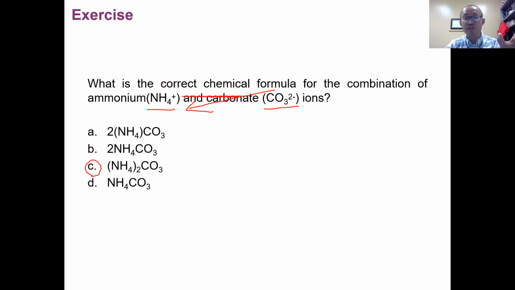And of course, the ammonium charge becomes the subscript of carbonate, which is 1. So this is the formula of ammonium carbonate. And of course, for ammonium, because the subscript is 2, you put a parenthesis followed by 2, the subscript.